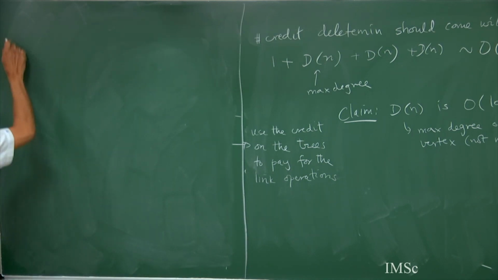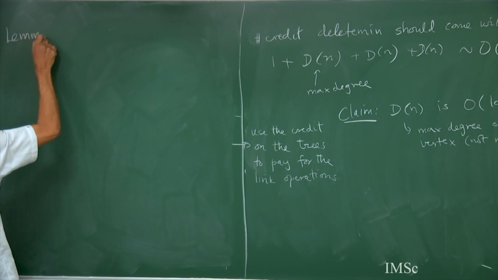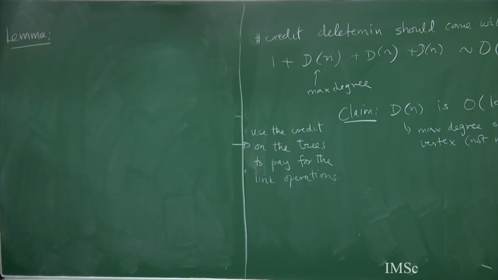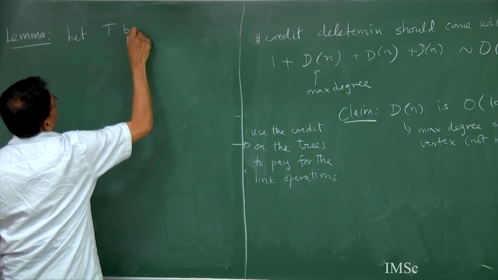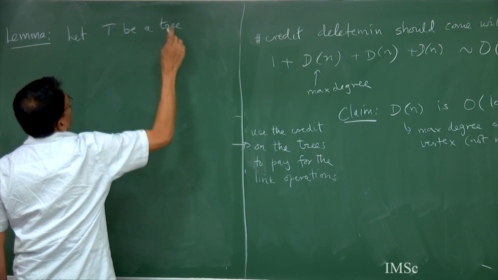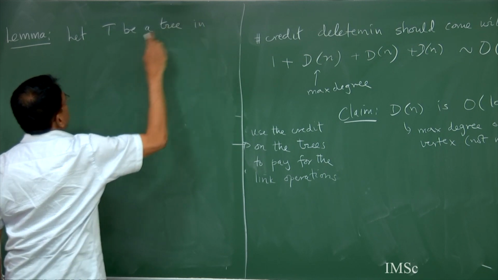Okay, so here is this little lemma, and then we use some properties of Fibonacci numbers and it will complete the analysis. So let T be a tree in our heap.